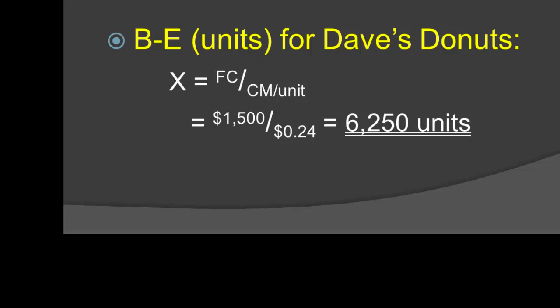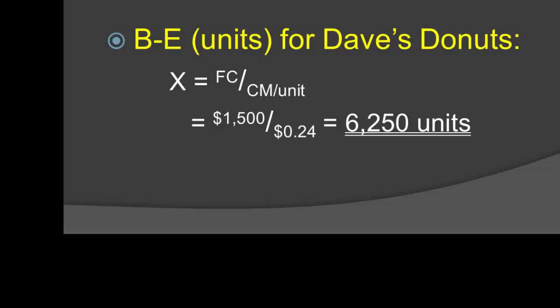Why does that work? Each unit that he sells contributes 24 cents toward covering his fixed cost. If you multiply 24 cents per unit times 6,250 units, you get $1,500, exactly his fixed cost.